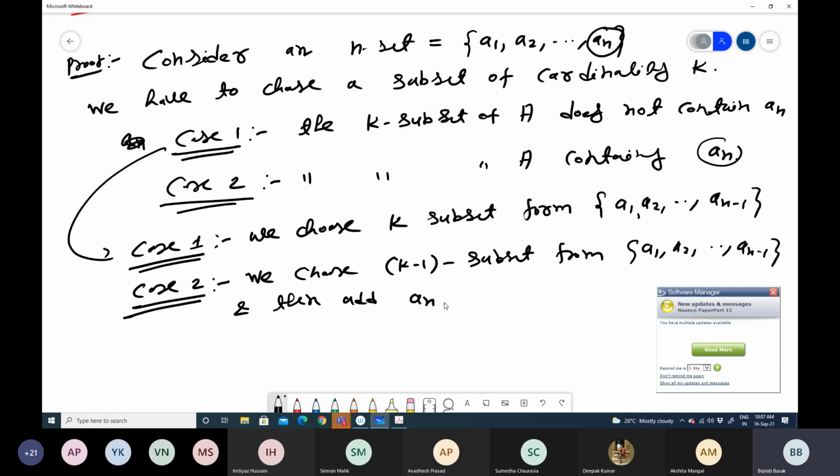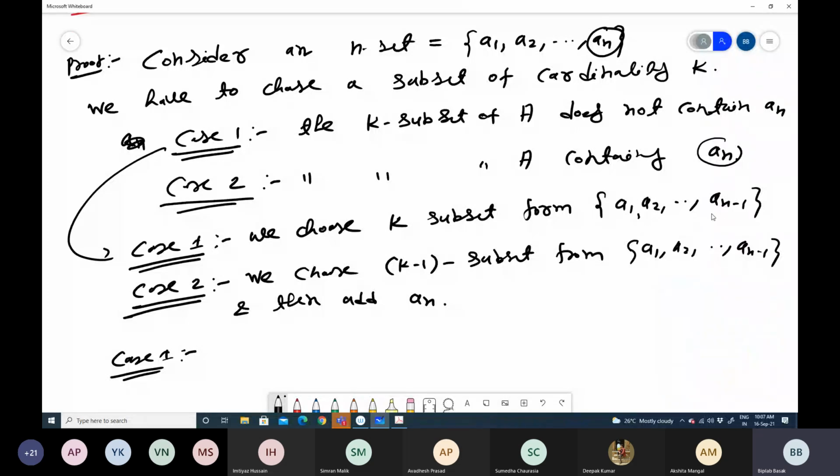Okay, so we are actually done. Why? In case 1, we have n minus 1 elements, and we have to choose a k subset from them. So we have n minus 1 choose k possibilities.